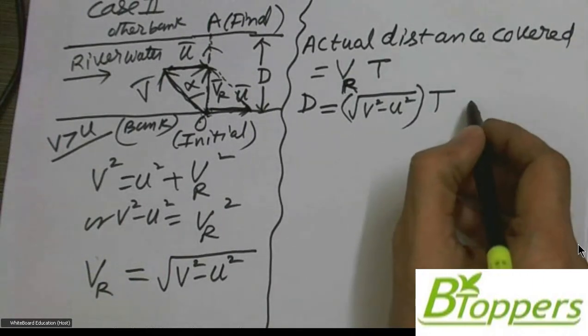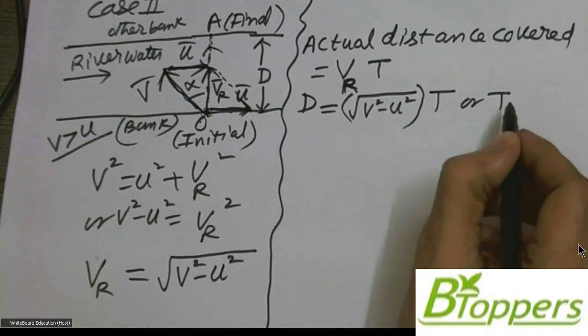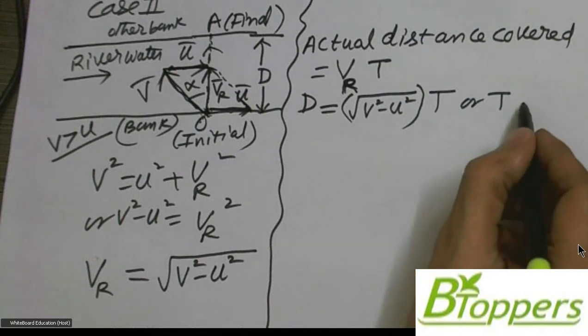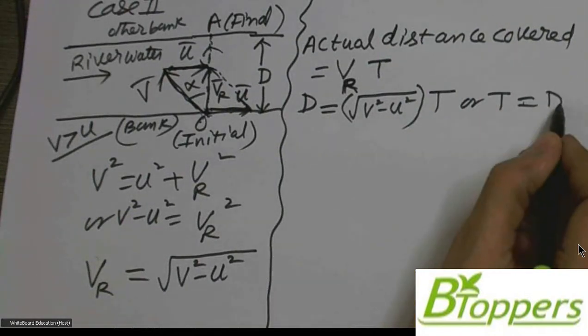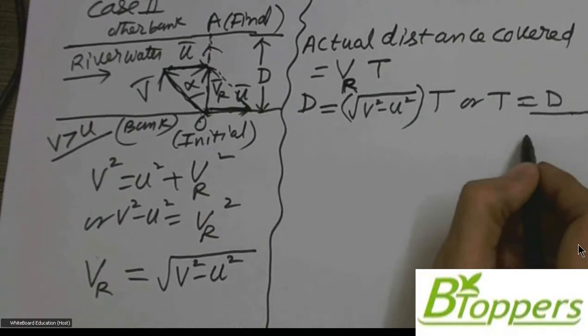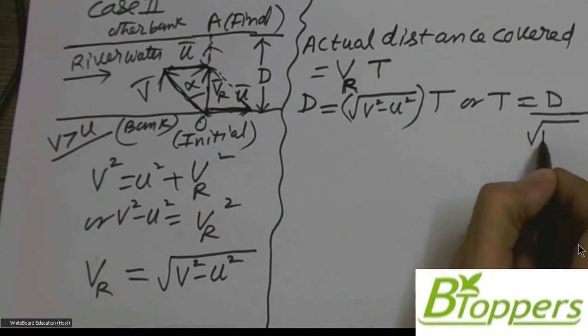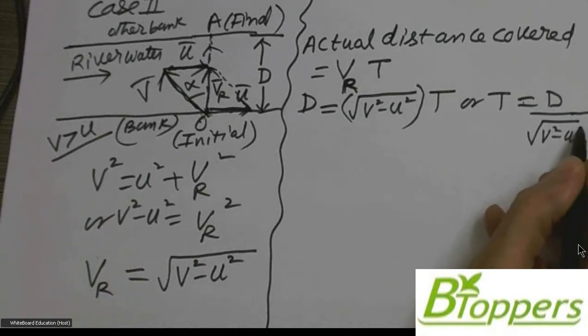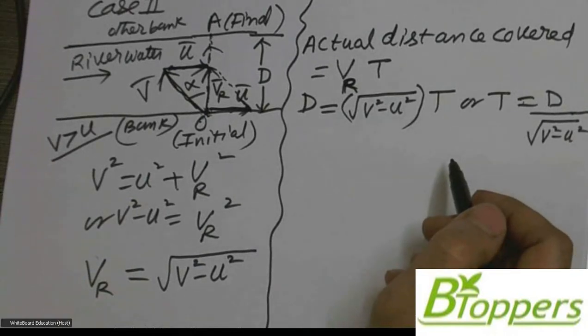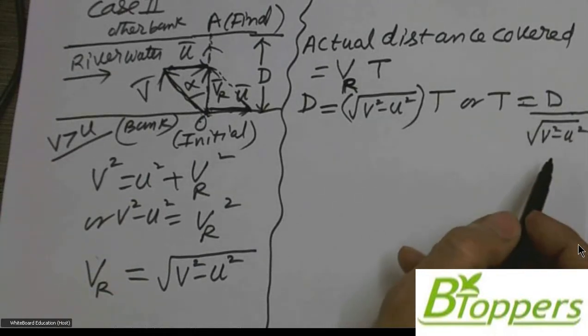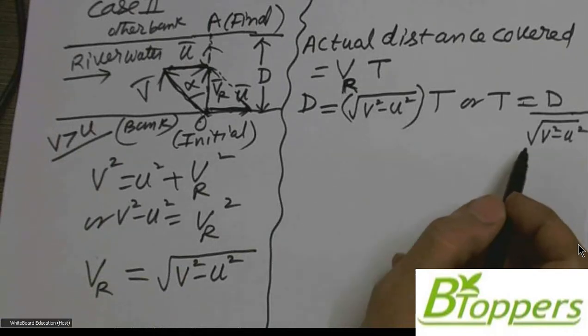So the time taken by the boat or swimmer to cross the river along the minimum distance path is given by T equal d by root of v square minus u square.